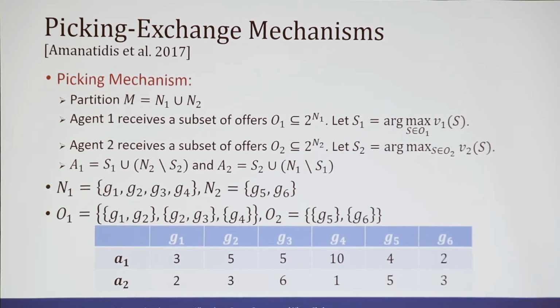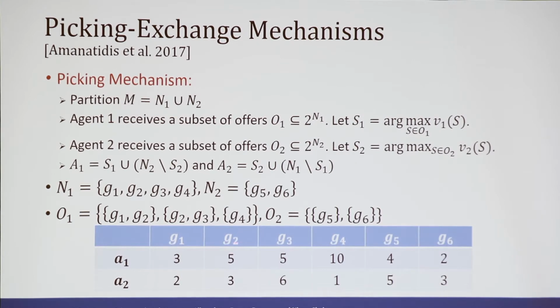This is much more clear with an example. Suppose we have 6 goods. We'll define N1 to be G1 through G4 and N2 to be G5 through G6. What we'll do is we'll offer agent 1, out of these first 4 goods, would you rather receive G1 and G2, G2 and G3, or G4? And agent 1 looks at the evaluation function and says, well, the best, actually G2 and G3 is worth 10, G4 is worth 10 as well.